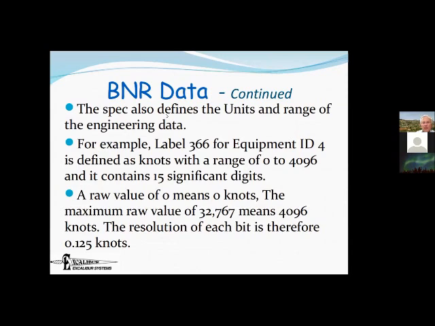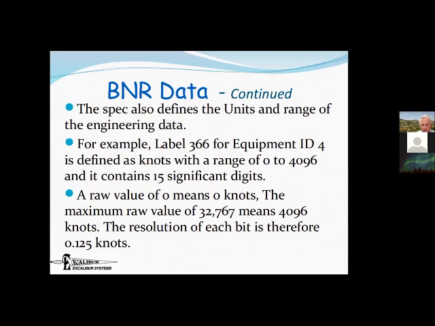Now, within the spec, it tells you not only the number of bits, it tells you the units. Are we talking about knots? Are we talking about pounds? Talking about degrees? Those are all examples of units of engineering data. And here I give an example, label 366 of equipment ID 4.